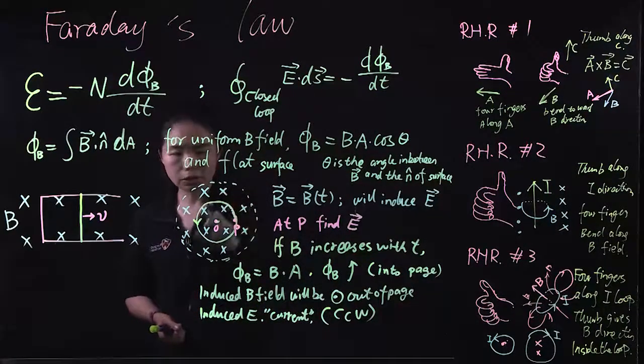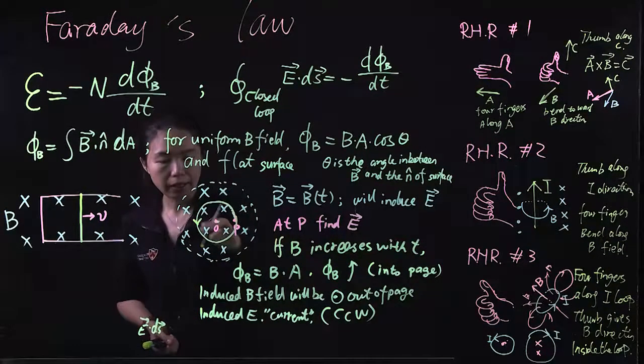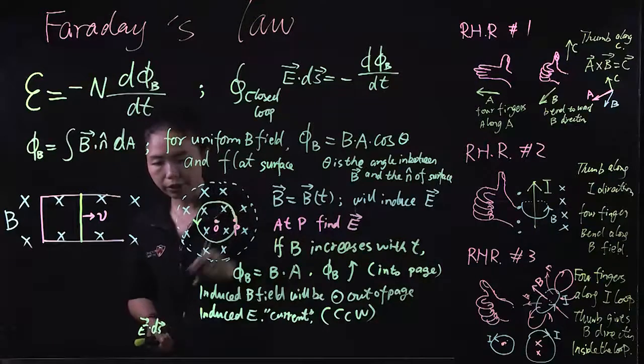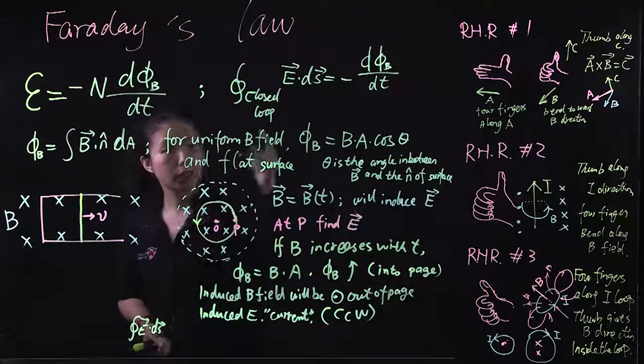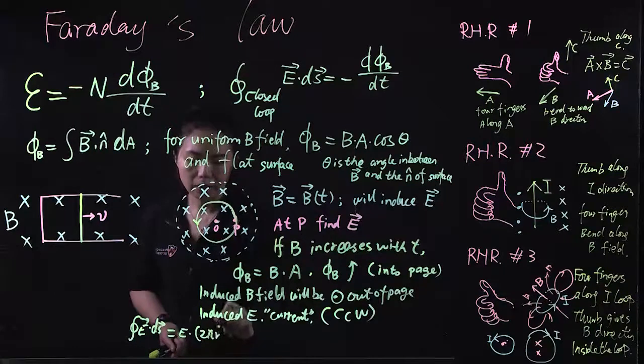And then for this loop, we have the E field dot ds. Because the E field and the ds are in the same direction everywhere, this integral for the closed loop gives us E multiplied by the integration of the total amount of ds, which is 2 pi r, okay?